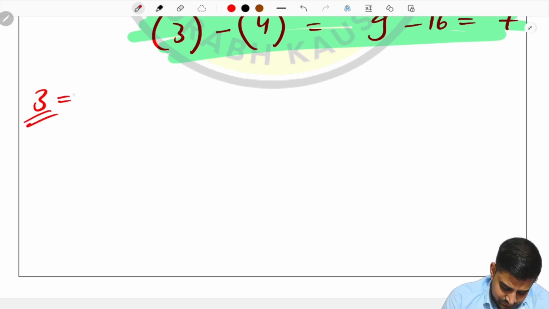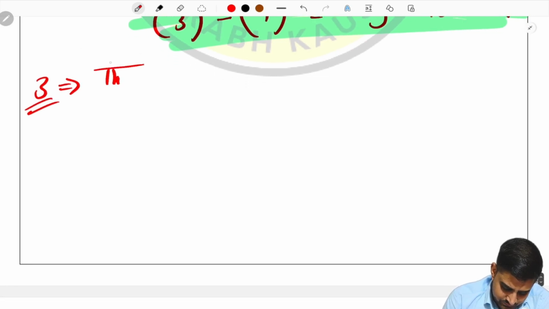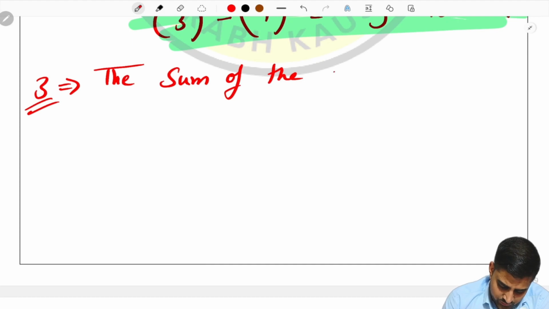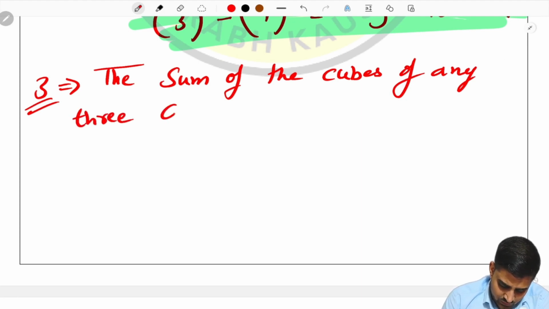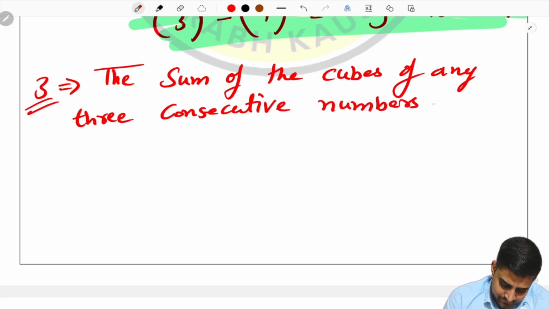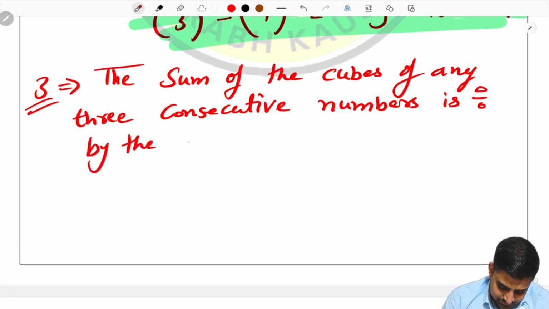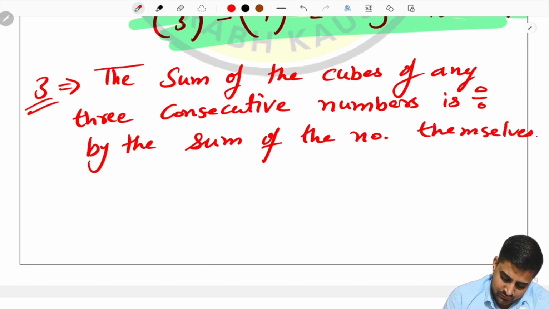Property number third. The sum of the cube of any three consecutive numbers is divisible by the sum of the numbers themselves.